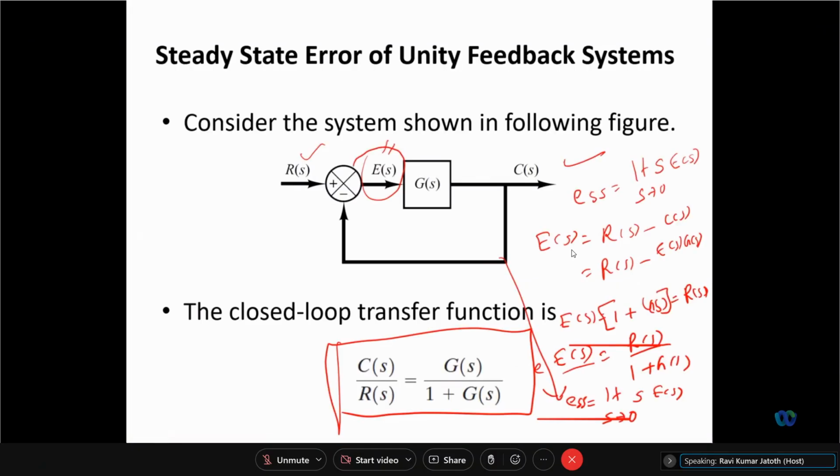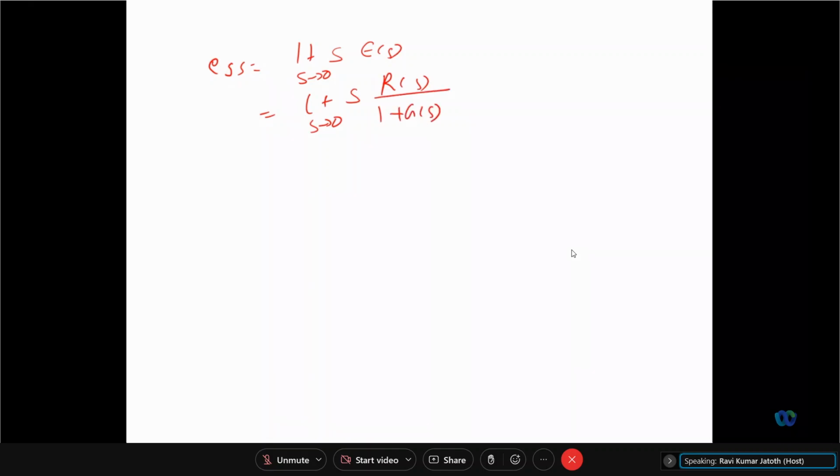We have 5 minutes of time, quickly we can do. So steady state error e_ss is limit s tends to 0 of s E of S, and that is limit s tends to 0 of s times R of S by 1 plus G of S. Correct, no?